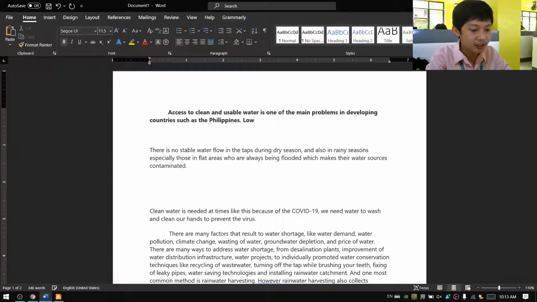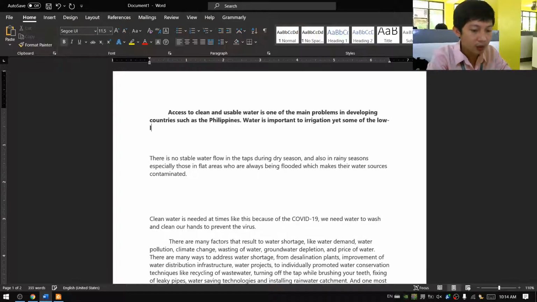Okay, low-lying areas such as, okay, water is important to irrigation, yet some of the low lying provinces.